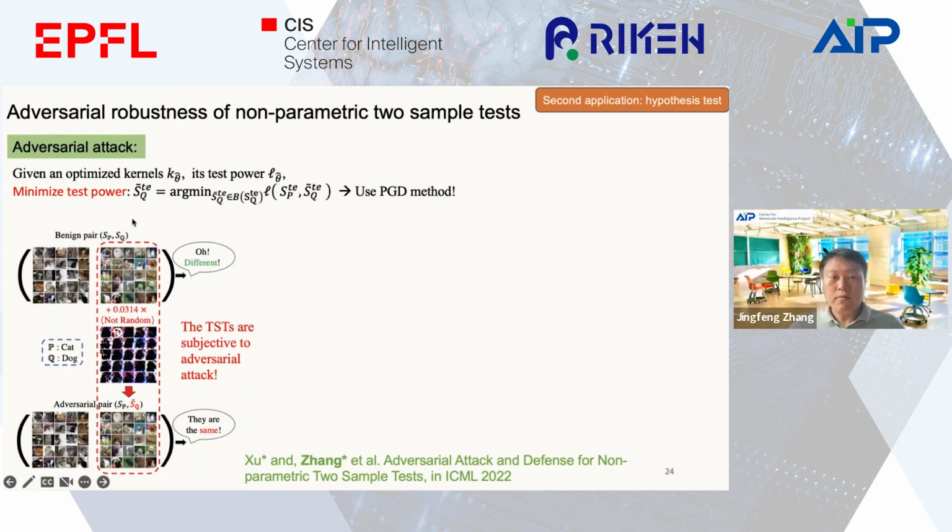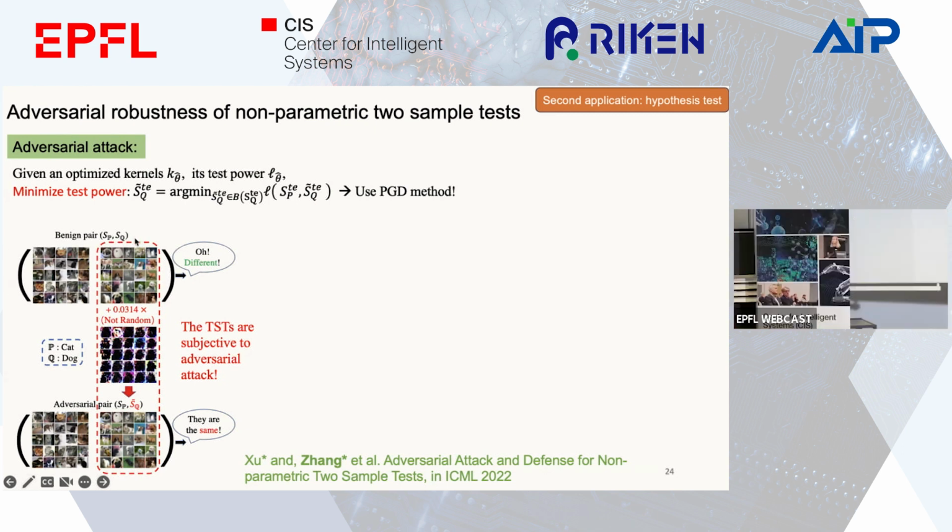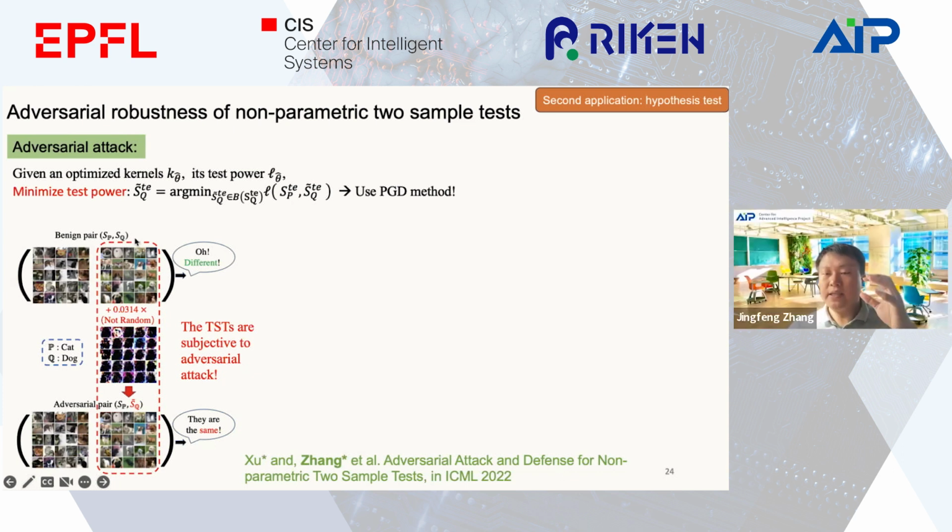For example, we have a lovely image of cats and dogs. The non-parametric two-sample tests can correctly differentiate the benign pairs of cats and dogs coming from the different distributions.